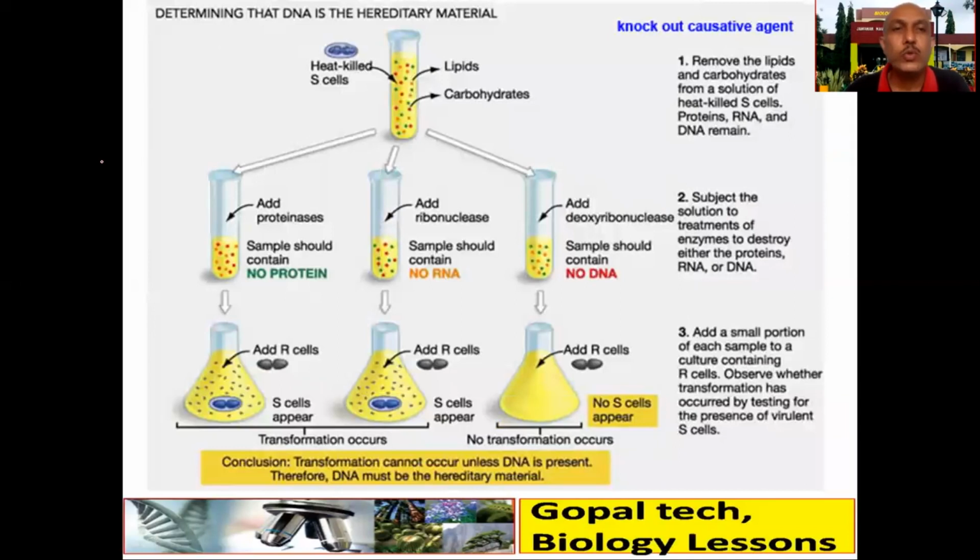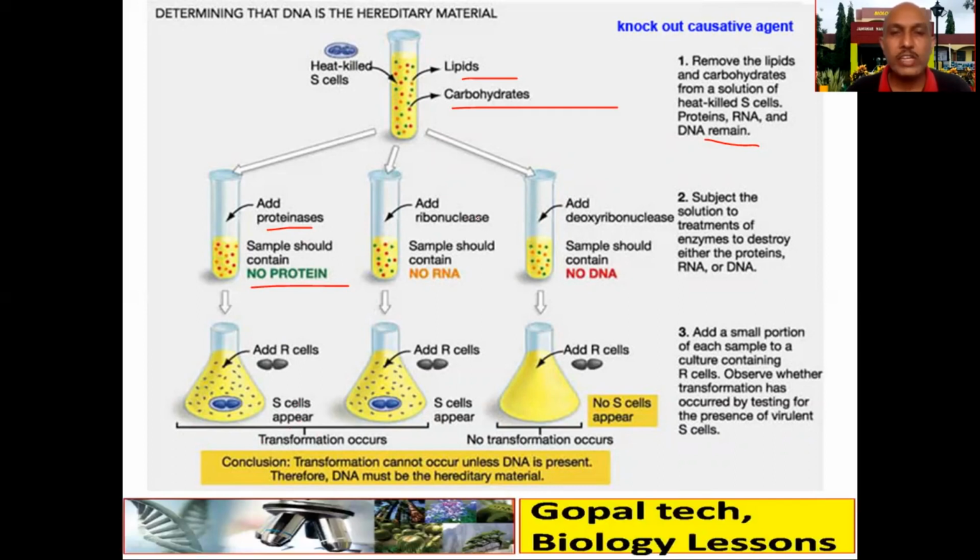See here. In the heat killed S cells, lipids were removed earlier, carbohydrates also were removed earlier. So remove the lipids and carbohydrates from a solution of heat killed S cells, and proteins, RNA and DNA will remain. Then first they added protease enzyme. The sample should contain no protein because protein is digested. Then add R cells, and S cells appear, so transformation is taking place.